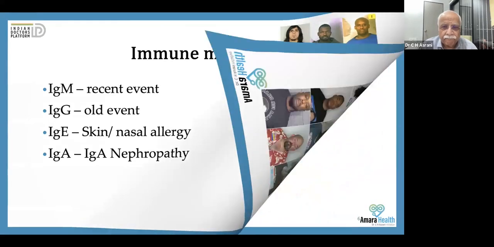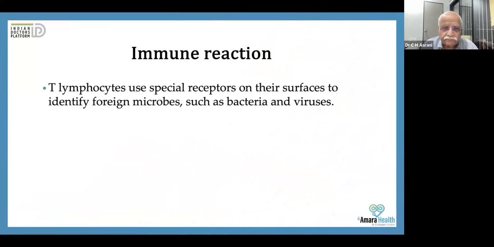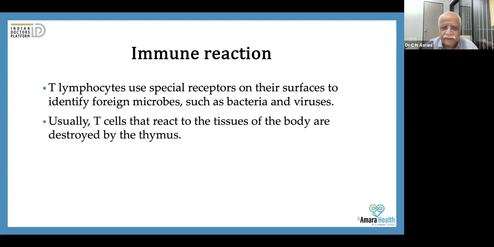So then there is the T lymphocyte, which has special receptors on its surface. B kills bacteria by production of antibodies. T directly kills. So they use special receptors on their surface to identify foreign microbes such as bacteria and viruses.